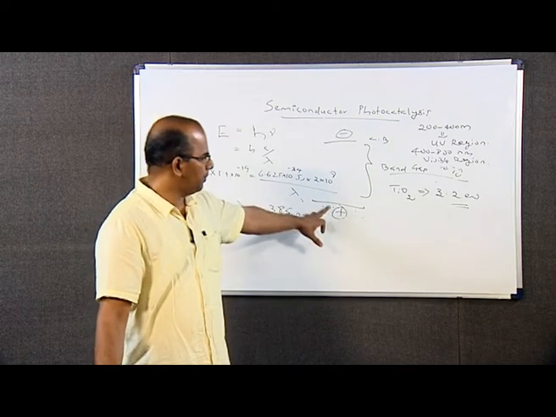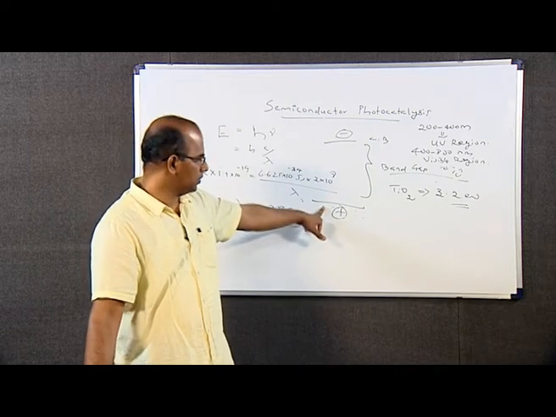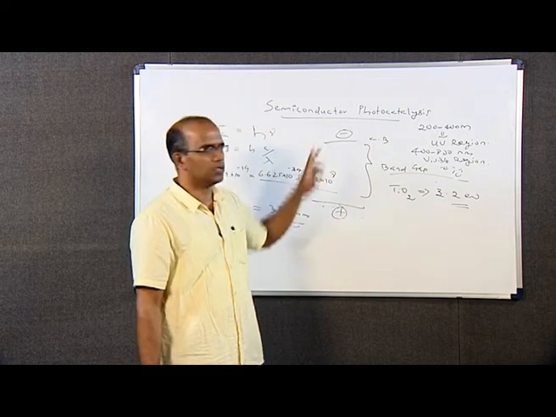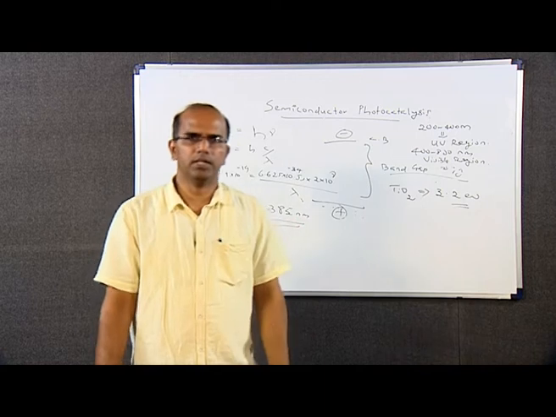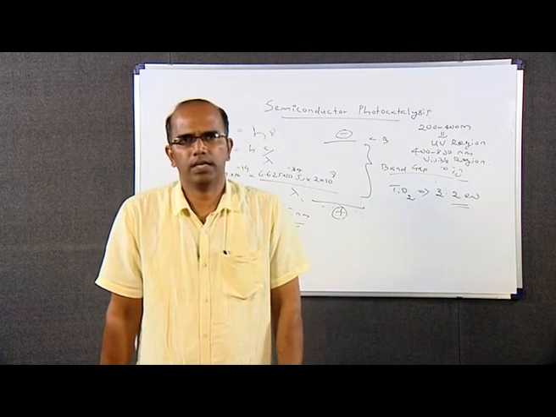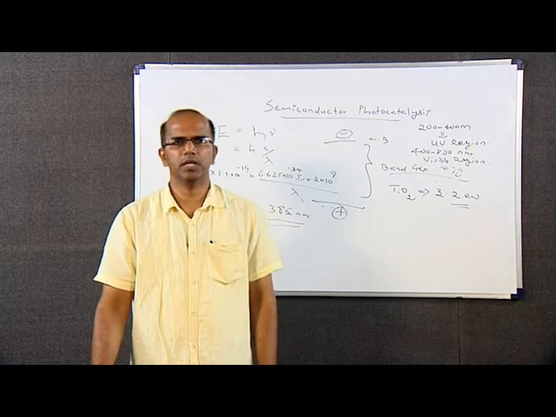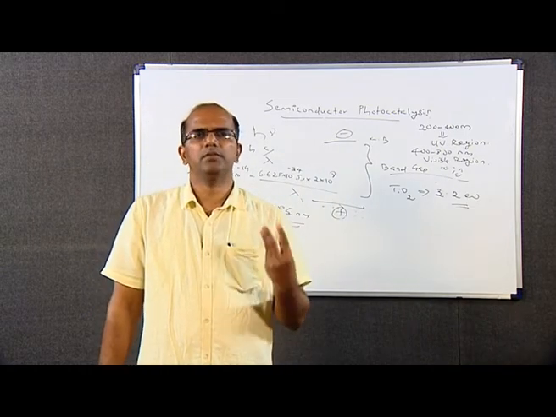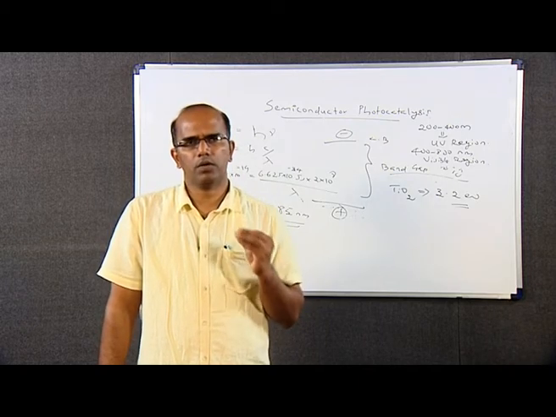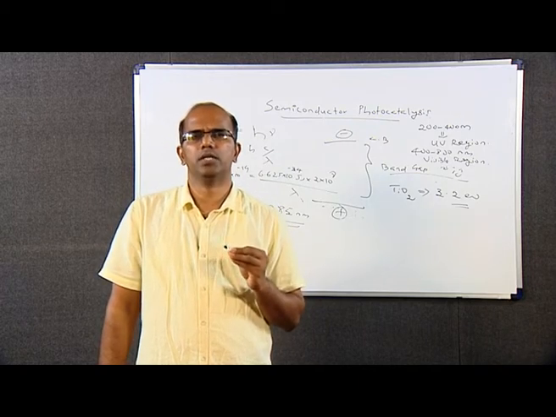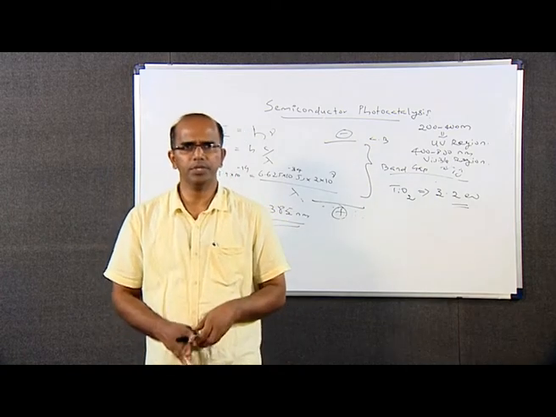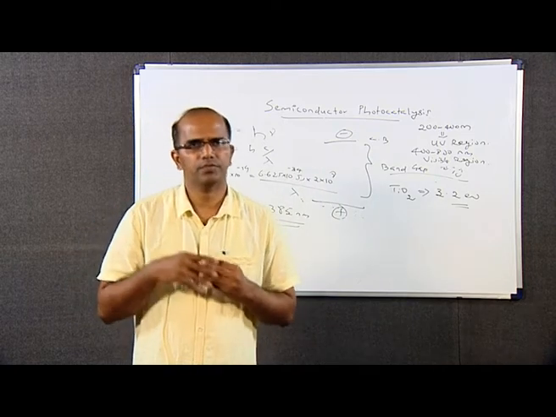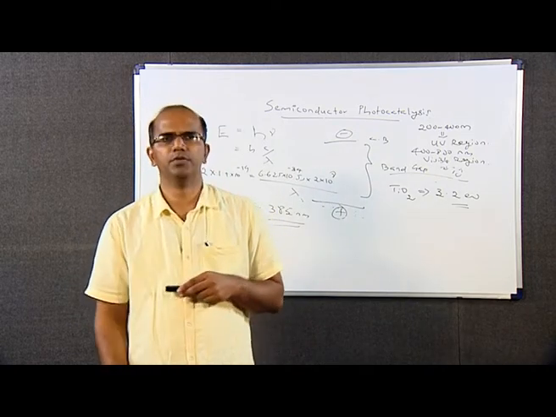This reaction will happen, an electron will be ejected from the valence band to the conduction band, and a hole and an electron will be created. That will generate the superoxide radical as well as the hydroxyl radical. So this will undergo the oxidation reduction reaction, and finally it will convert that organic dye into carbon dioxide and water. So it can be used for the purification of water.